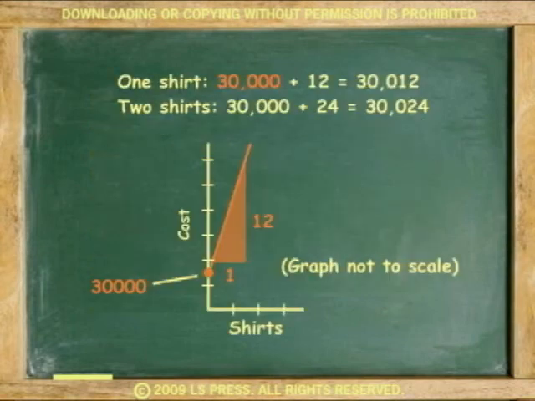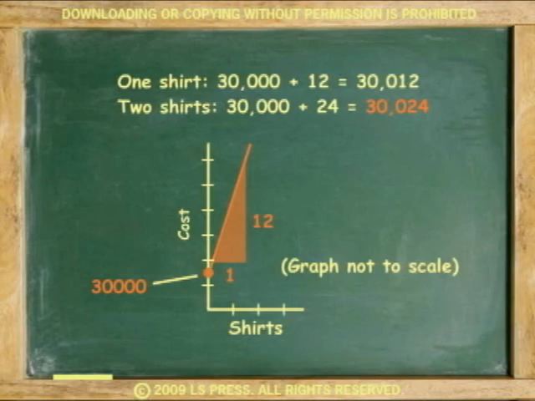Before the first shirt is made, she pays $30,000. Thus, the first shirt will cost $30,012. The second shirt will cost $30,024, and so on.